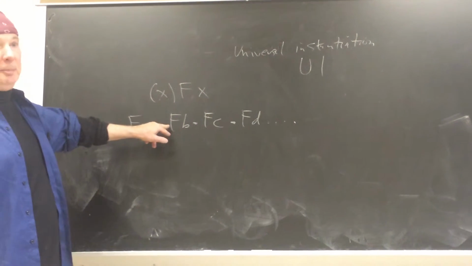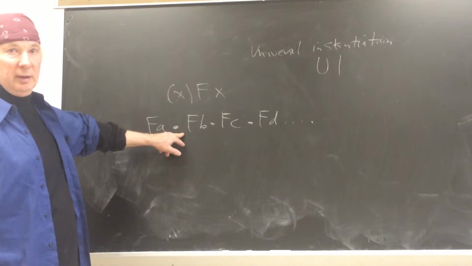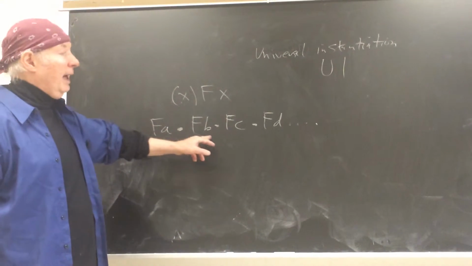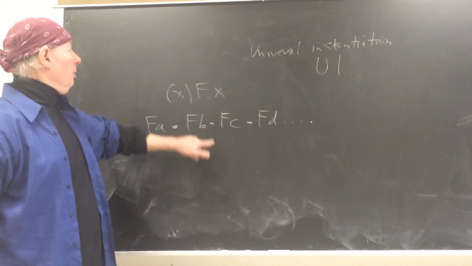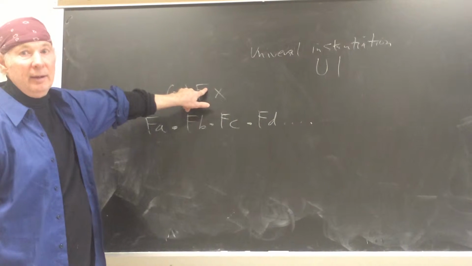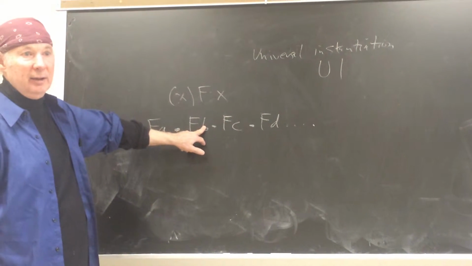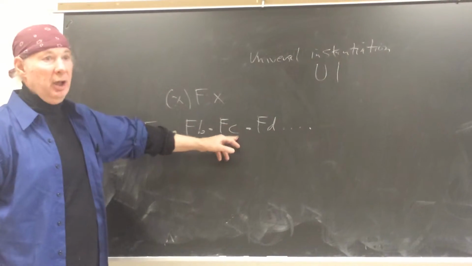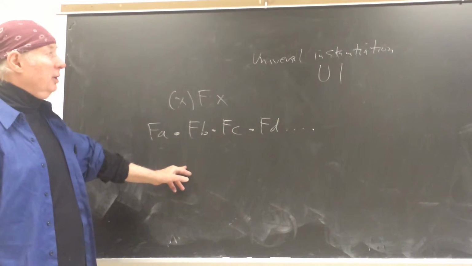So since this is a big conjunction, you could simplify out any one of these terms. Remember, that is equivalent to that. And since this is a conjunction, you can simplify out any term.